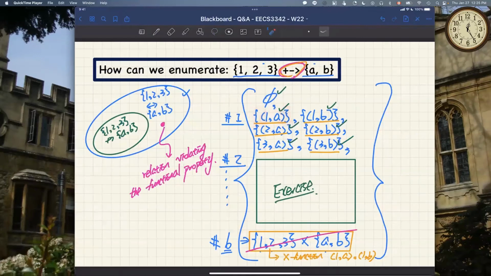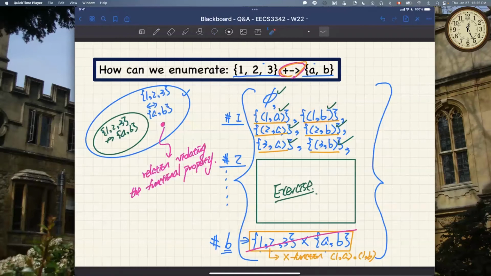To decide whether or not this should also be a function at the same time, you want to make sure it satisfies the functional property. The way to check it informally is to make sure every domain value you have is only mapped to one unique range value. In this case, it is. So that's why it is a function. This is a function, this is also a function, and so on for all the other 5.